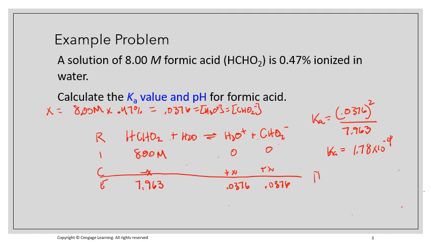And then to solve for pH for the second part, I can simply take the negative log of X. We've already defined what the X value is for that, so I don't need to rewrite the value. And that will give us a pH with two significant figures. That would give us 1.42. So pH equal to 1.42, Ka equal to 1.78. So let's change that to 1.8 times 10 to the negative fourth with significant figures.